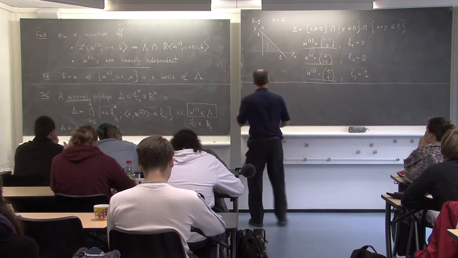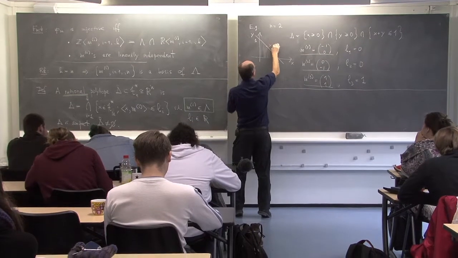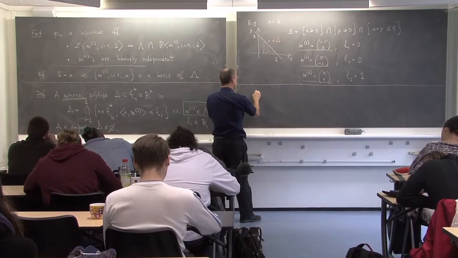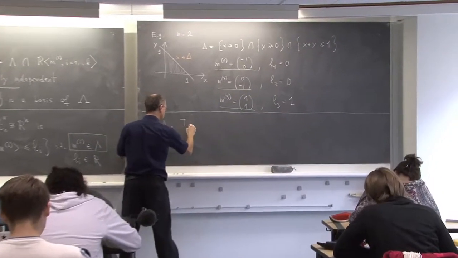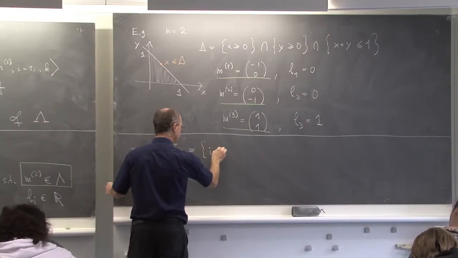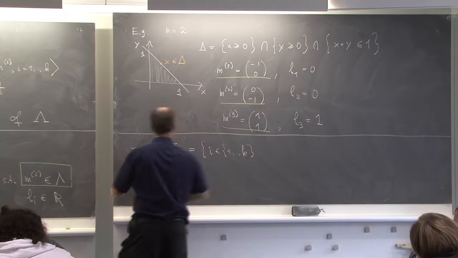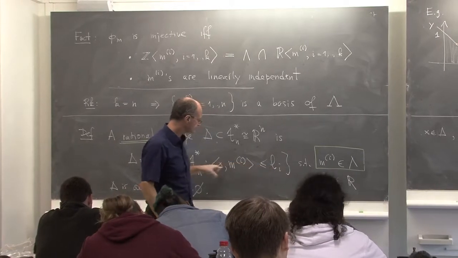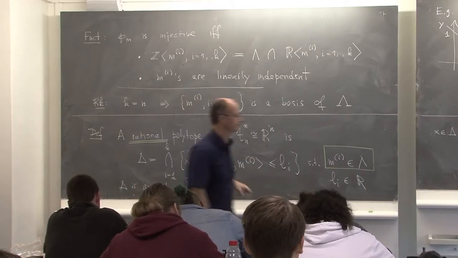So first of all, let me introduce the following notion. Let me choose an arbitrary point x in Delta, and let me introduce I_x as the set of indices for which the inequalities actually become equalities at the point x.